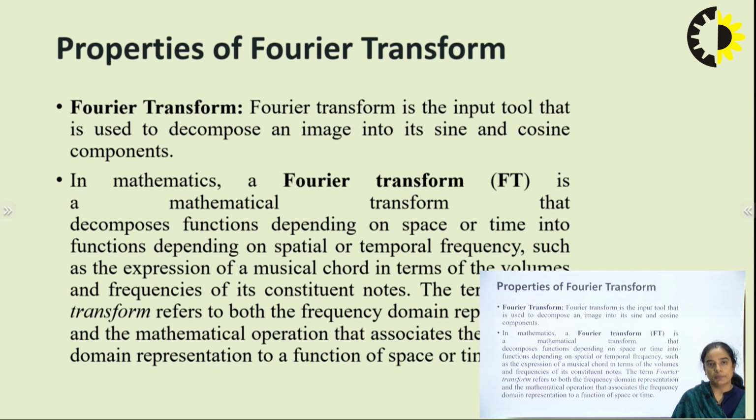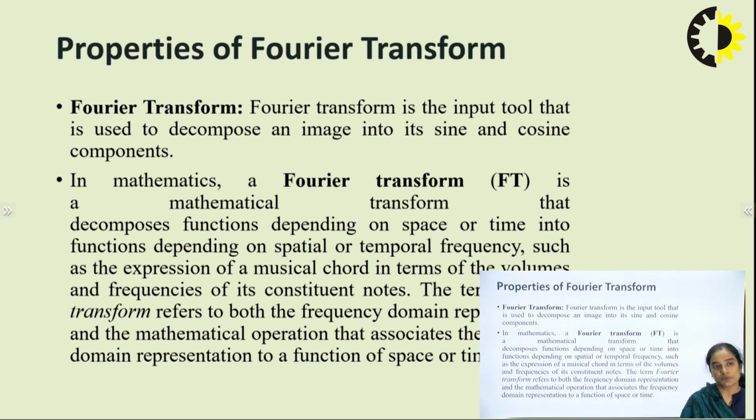As I told earlier, this Fourier transform converts functions or signals from time domain to frequency domain. If it is a function of time, then it will convert into frequency, and if it is a function of space, then it will convert that into the spatial frequency.